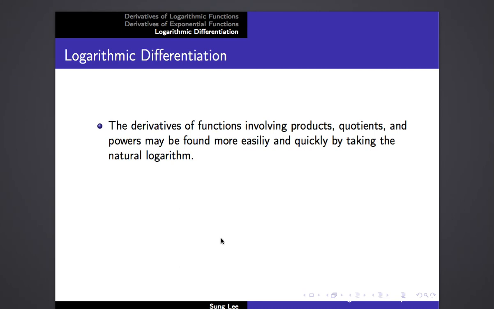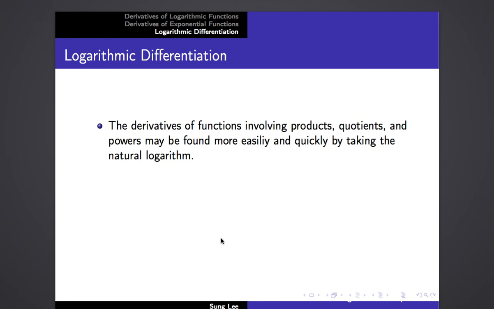By taking the logarithm, we can break that complex function into smaller pieces, and we do that first before we take the derivative.